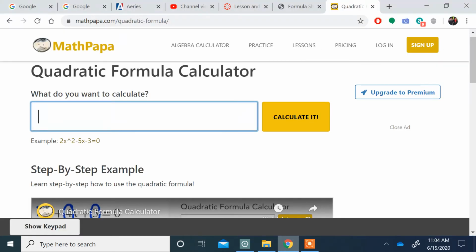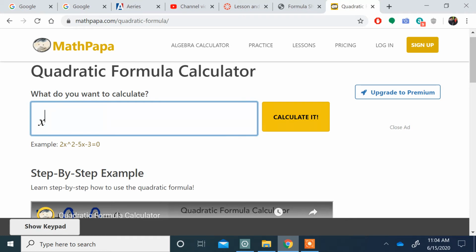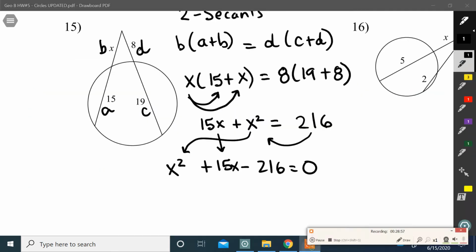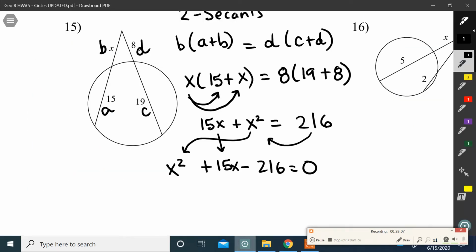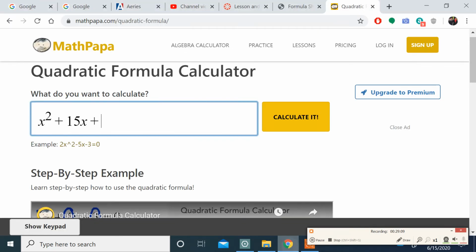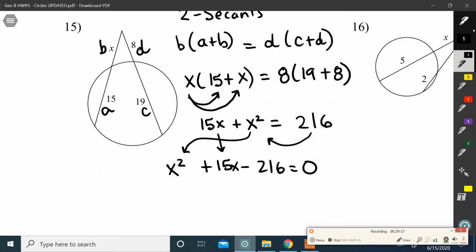So here's what you type in: x, and you have to put the little cap right there, 2 plus 15x, and if you were in an algebra class, this would be considered cheating, but since we're not in an algebra class, this is a geometry class, and we just want to focus on the algebra, because I don't want you to be spending so much time on the algebra when you already went through the algebra.